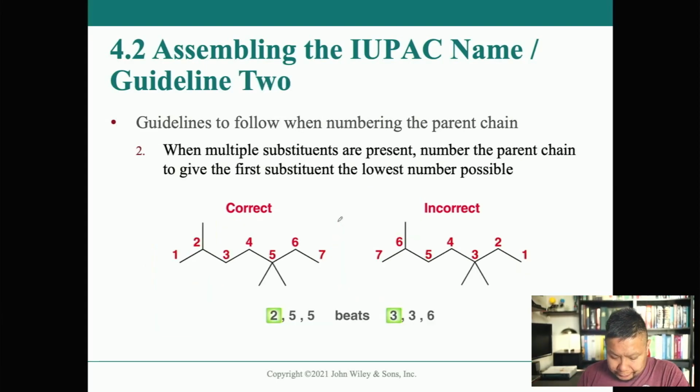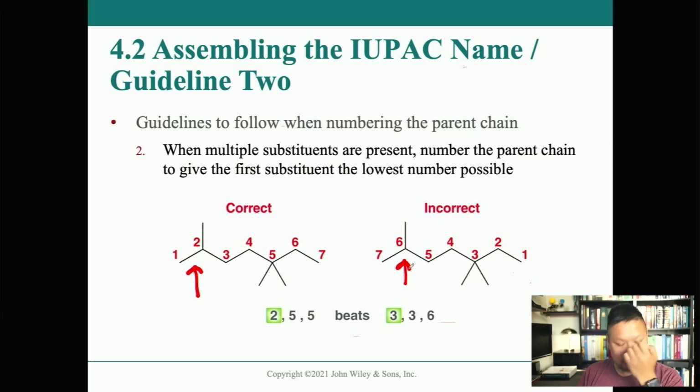More guidelines to follow. When multiple substituents are present, number the parent chain to give the first substituent the lowest number possible, right? So again, here, the first substituent is the methyl group on this heptane, right? So we already learned in the last slide, and me just rambling a few slides ago, right, that it's going to be the 2-methyl because 6-methyl is just too far away from the lowest end, right?